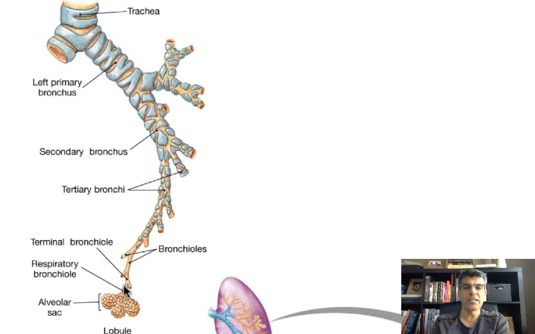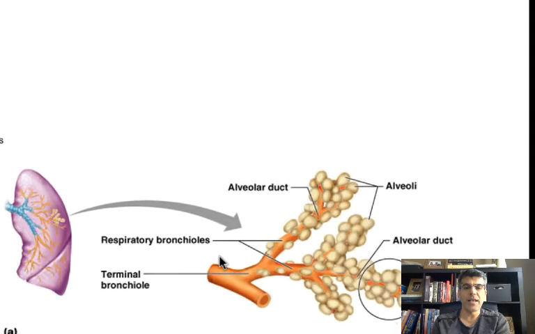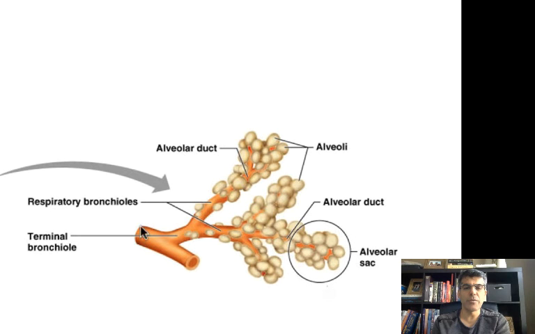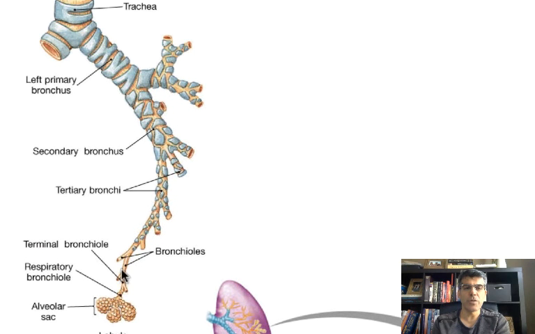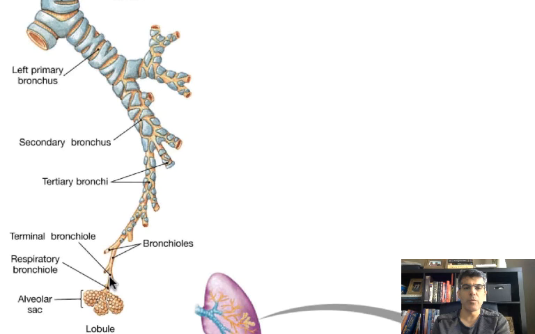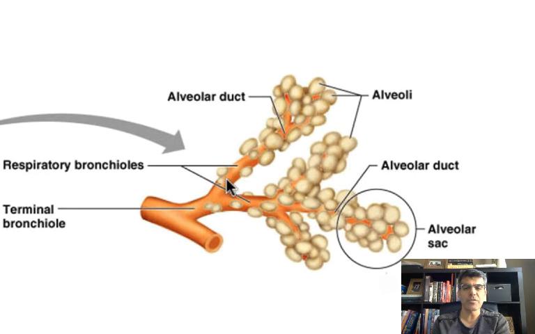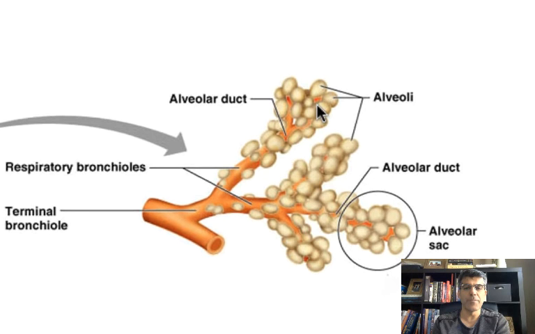Bronchiole also is going to divide, and at one point bronchiole is going to end up as something called terminal bronchiole. So this is your terminal bronchiole. Terminal bronchiole is going to branch off to respiratory bronchiole. Respiratory bronchiole is going to continue as alveolar duct, and attached to the alveolar duct we have a bunch of sacs called alveoli.